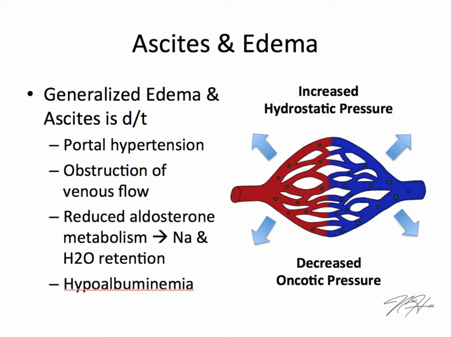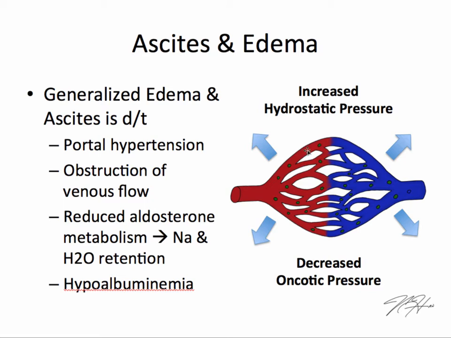Generalized edema and ascites is due to portal hypertension, obstruction of venous flow, reduced aldosterone metabolism resulting in sodium and water retention, and hypoalbuminemia. To simplify this, think back to Starling's forces. Whenever you're thinking about a capillary, think about it as fenestrated or like a window screen.